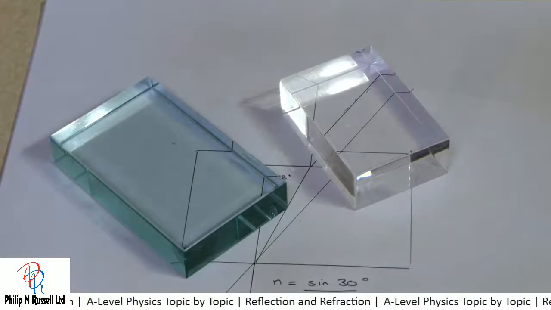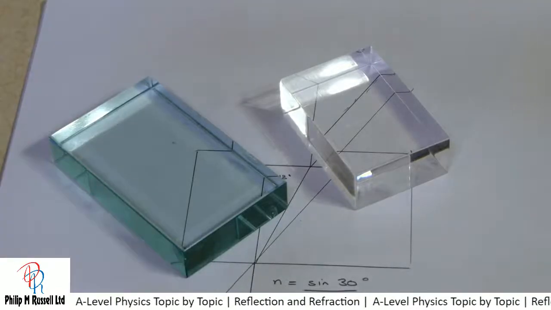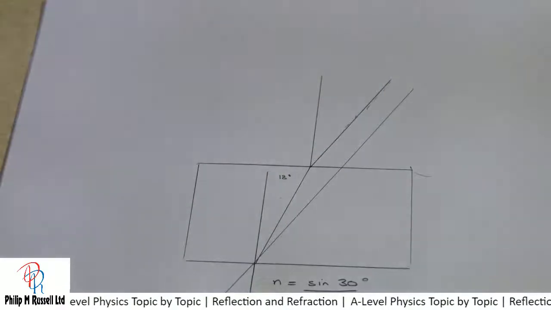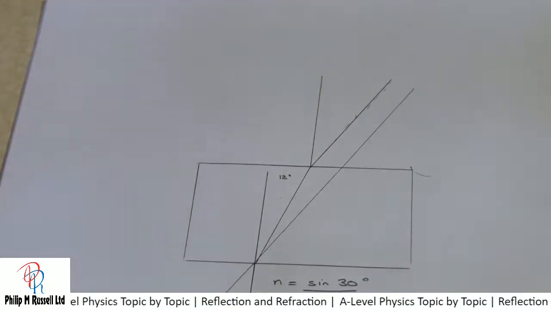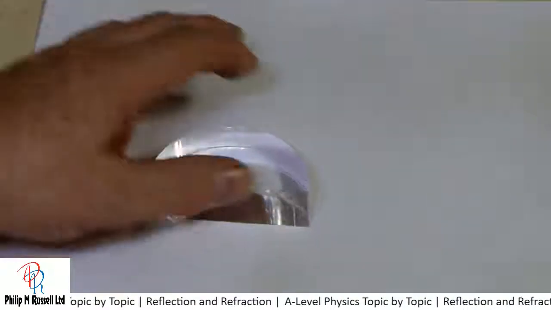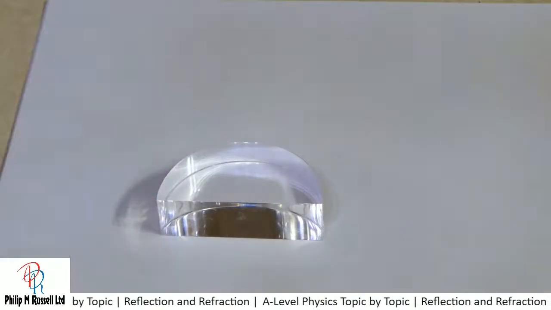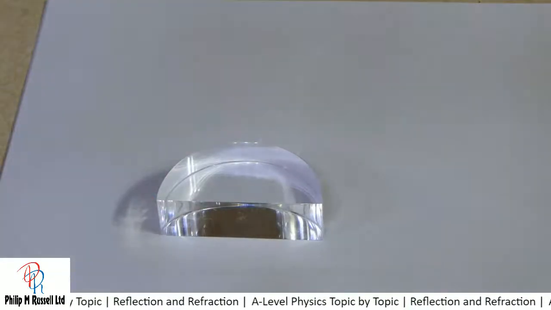So we've looked at a glass block, we've looked at a plastic block. What would happen if instead of this we look at a curved block of plastic? So I've got a curved block, and we can see what this is going to do.